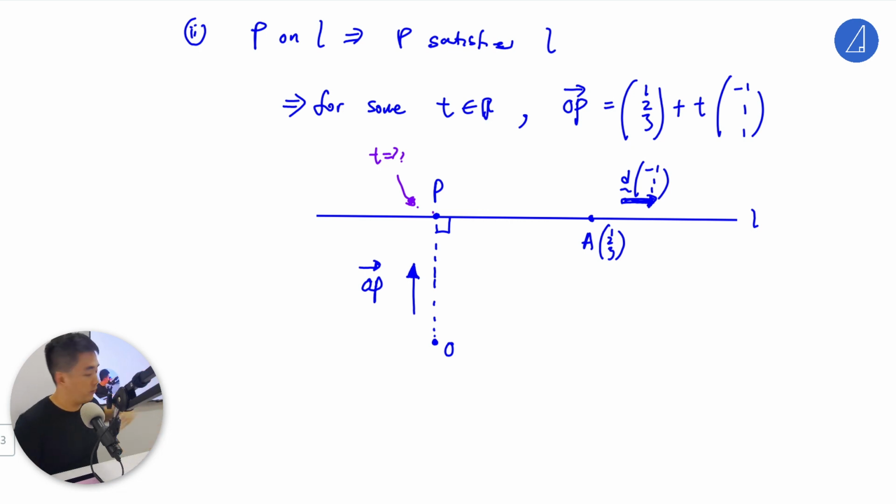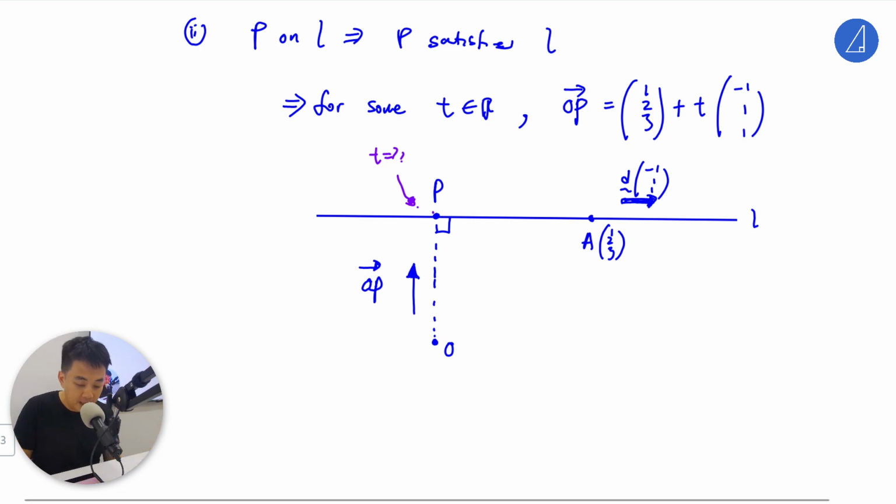If this is 90 degrees, cosine 90 is 0, so you know that the dot product of these two will be 0. Since it's 90 degrees, OP dot D will be 0.